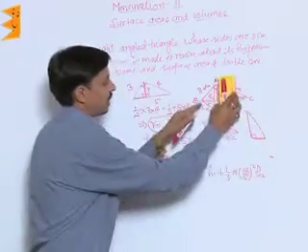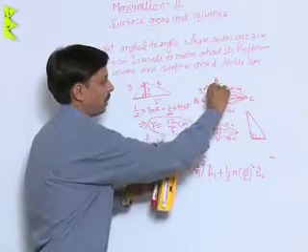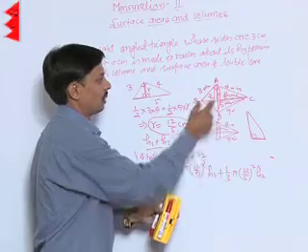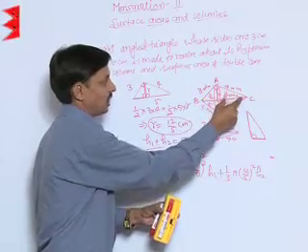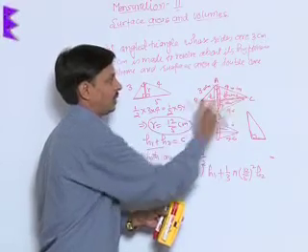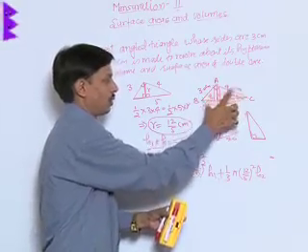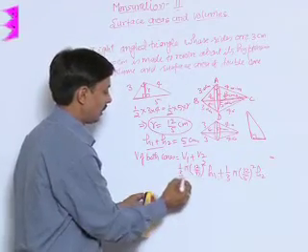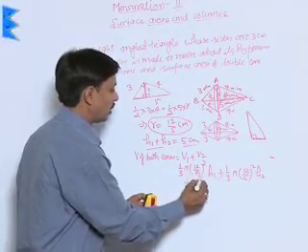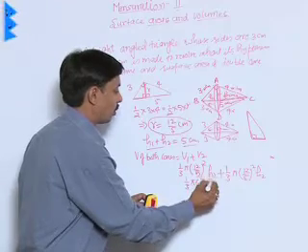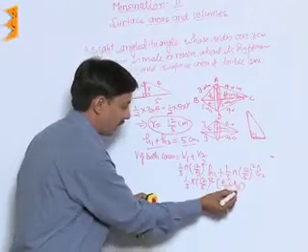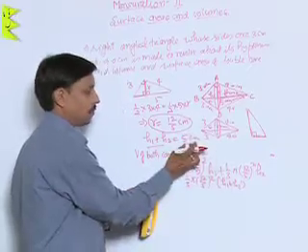This is the first cone, radius 12 by 5. This is the second cone, radius 12 by 5. The first cone's height is h1, the second cone's height is h2, but h1 plus h2 is equal to the length of the hypotenuse, which is 5 centimeter. Now I take 1 by 3 pi into 12 by 5 whole square common, and I am left with h1 plus h2, whose value is 5.